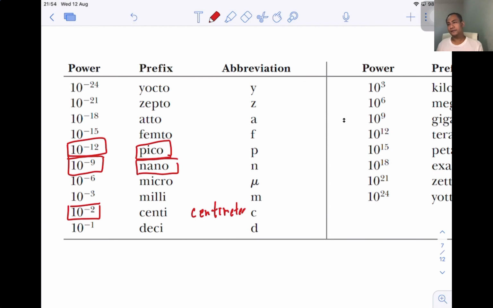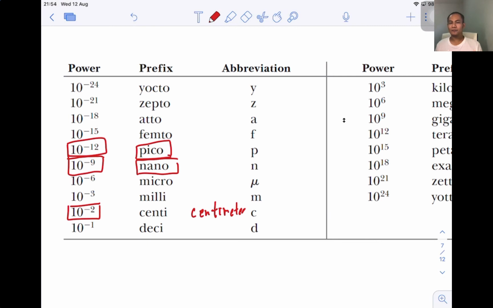Because in physics or chemistry we have very, very small objects. For example, atoms. We have molecules, and smaller than molecules are atoms. What is inside an atom? Inside atoms are electron, proton, and neutron.